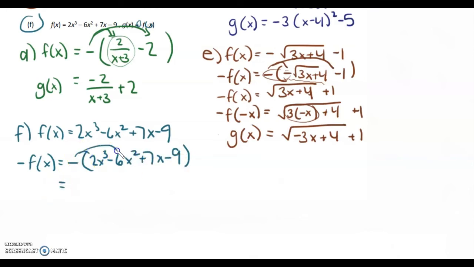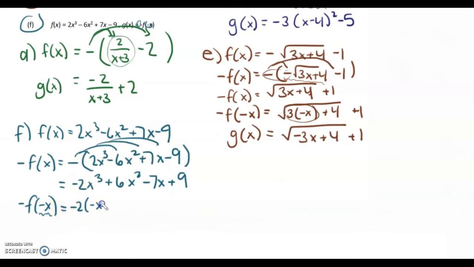This negative sign distributes and we negate every single term in the bracket. So 2 turns to -2, -6 turns to 6, 7x turns to -7x, -9 turns to 9. Now we're going to negate every single x value. So -2(-x)³ + 6(-x)² - 7(-x) + 9.